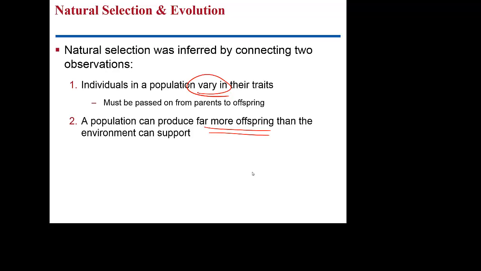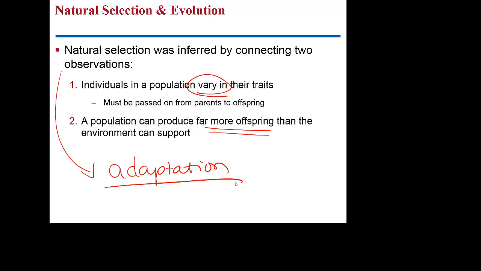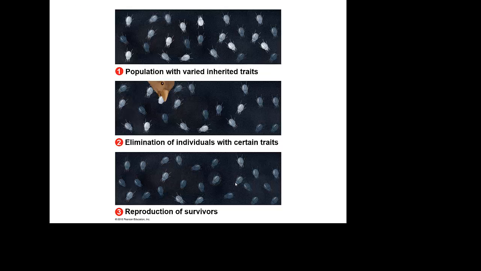Why is this so important? Well, when we talk about natural selection, we're going to talk about something known as adaptation. And when we talk about adaptation, I'm not just talking about you can put on a coat because you're cold. When we're talking about adaptation, what I want to look at is how organisms survive in the environment and why some of them survive better than others.